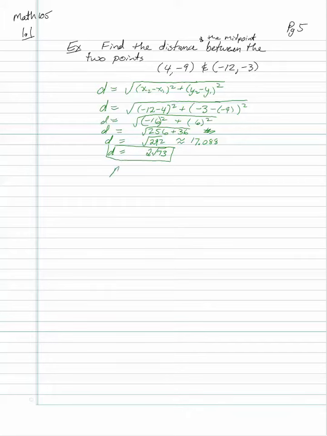And then the midpoint, and that's really easy. We're just going to add the x coordinates. Remember, think average. So you add the coordinates and divide by 2. So we're going to get 4 plus -12 divided by 2, and -9 minus 3 divided by 2. Negative 8 divided by 2 is negative 4.